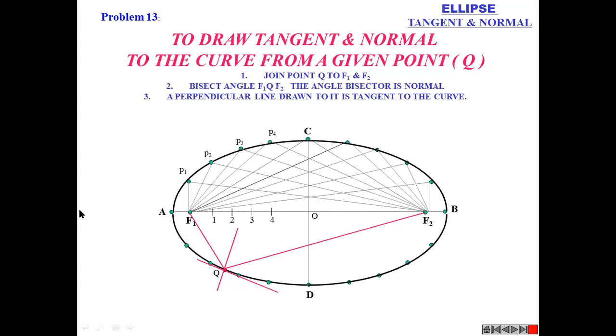At that point is very important. There can be n number of tangents and normals, understand? But if you are asked at that particular point, then we should talk about that particular point only. So from that point, first we joined the two focuses and bisected the angle, and that became our normal automatically, whereas the perpendicular line to the normal at that point is our tangent. Fine. So this is the tangent and this is the normal.